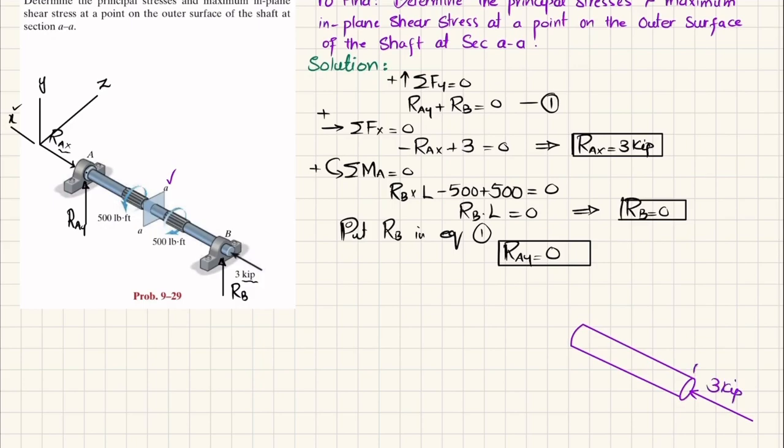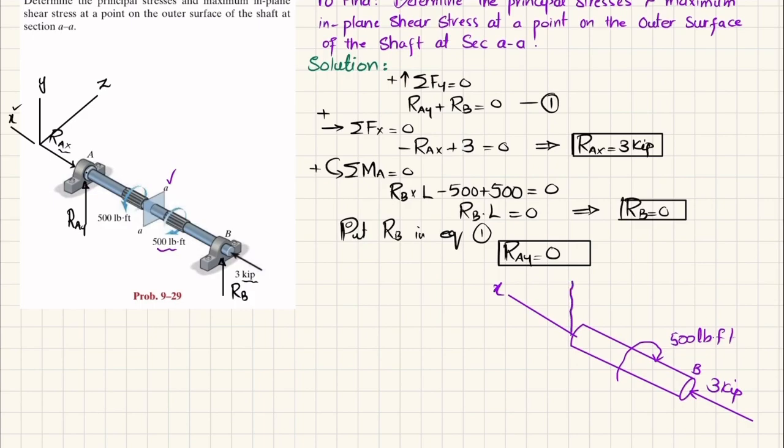This is your point B. Clear? And there is a torque of 500 clockwise, 500 pounds into feet, and this is your section AA. At this point we have x-axis in this direction.